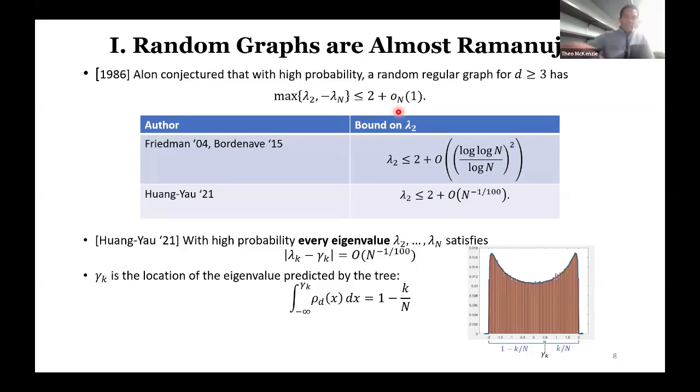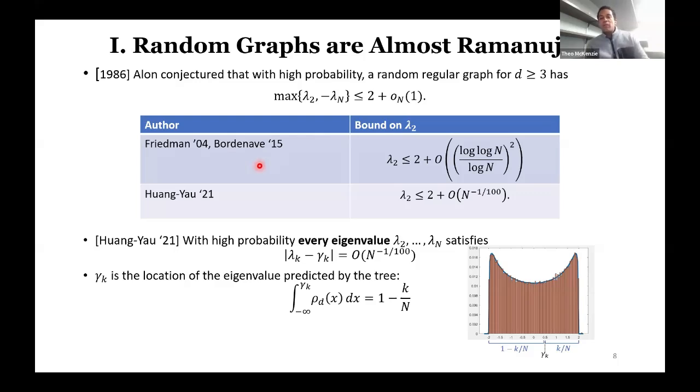This was a famous conjecture in combinatorics for many years, and it was proven by Joel Friedman using a very precise version of trace arguments, basically estimating the trace of very high powers of these random regular graph adjacency matrices.